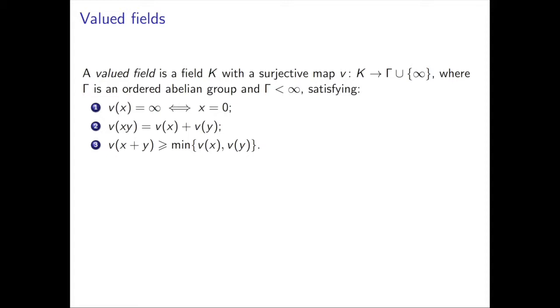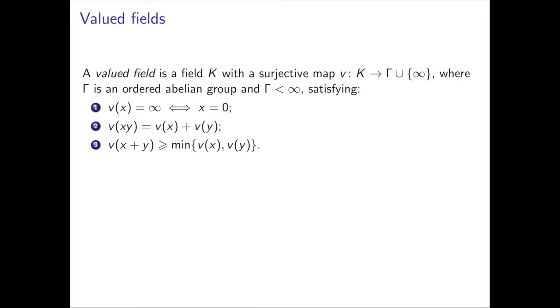Okay, so a valued field for me is a field with a surjective map v to this ordered abelian group gamma and this symbol infinity, where infinity is bigger than everything in gamma, and you extend the addition in the natural way.